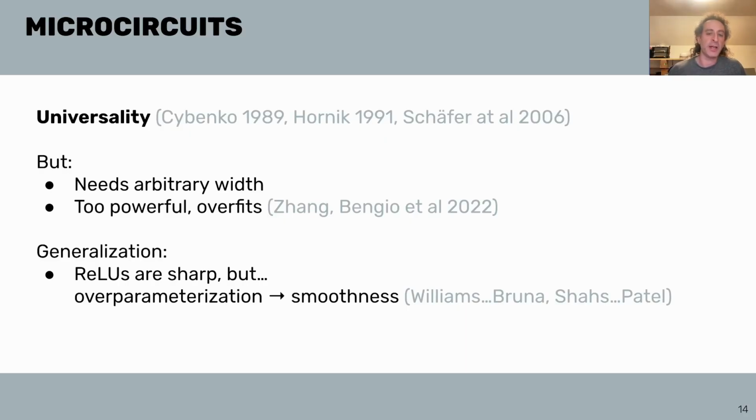This is the work by Joan Bruna and colleagues and Ankit Patel and colleagues, thinking about what inductive bias, what implicit bias shows up when you have a lot of ReLUs, each giving you a little bit of change of slope at a specific point. So that smoothness is very helpful for functions that you want to be smooth, and it emerges naturally from having many more parameters than you have data points to constrain them.